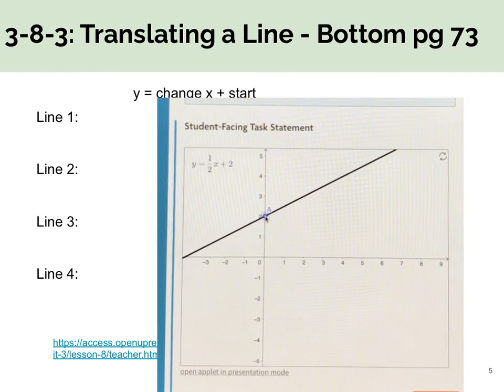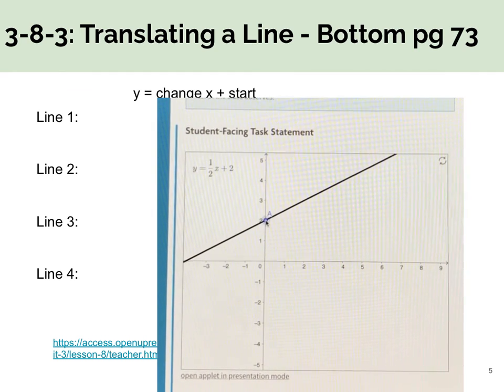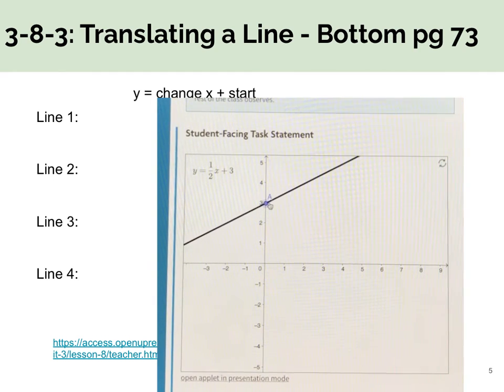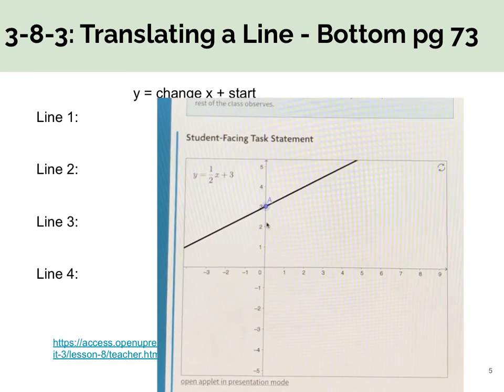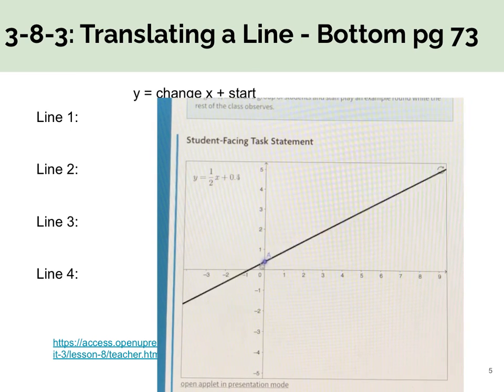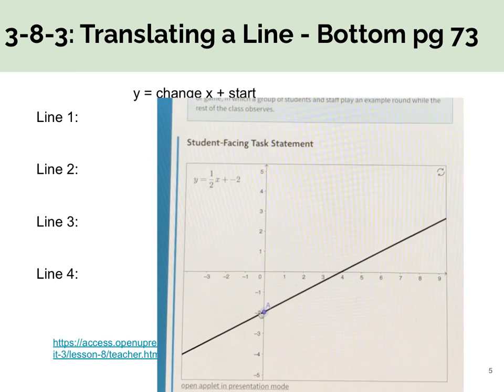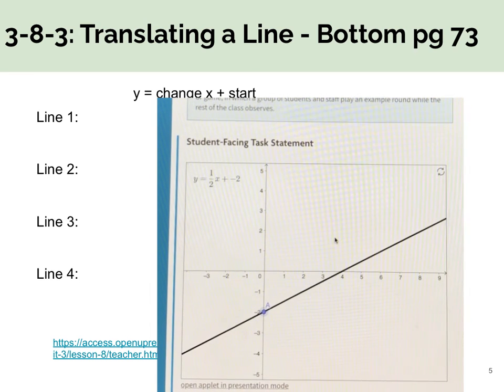Here is line 2. Write it down on the bottom of page 73. Here is line 3. Write it down on the bottom of page 73. Here is line 4. Write it down on page 73.